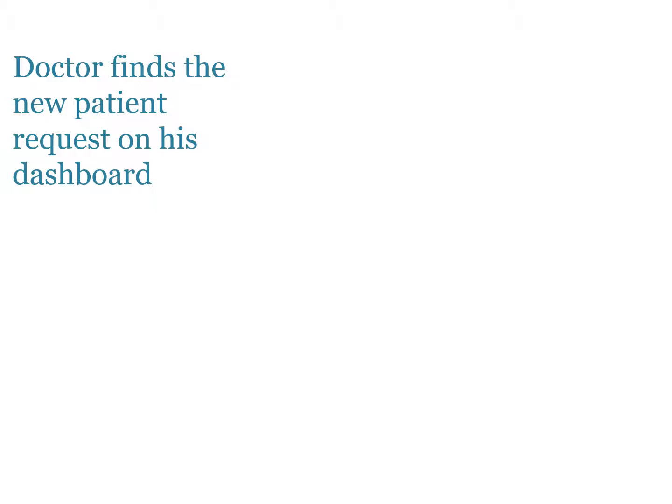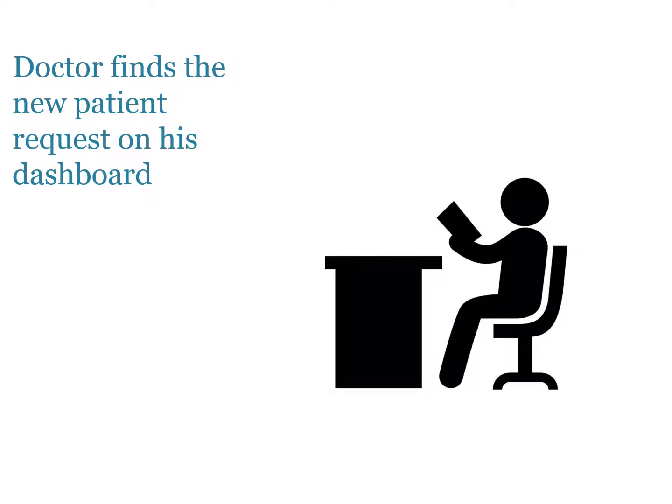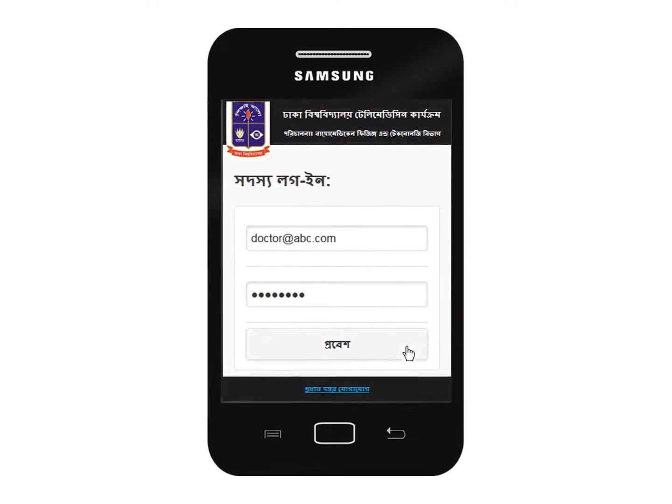The doctor finds a new patient request on his dashboard, and here is the login for the doctor. The doctor is also in the system, logging in with user credentials.